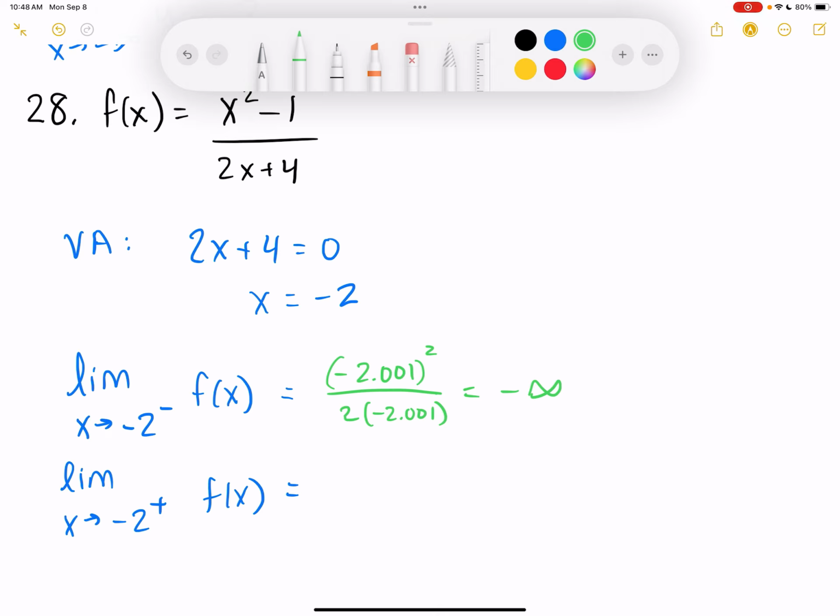Up here, the next one from the right would be like 1.999 or something like that. So that's squared over 2 times 1.999. So this one's going to be positive because I don't have any negative. Well, I guess they're technically, I say that. We have negative value there.